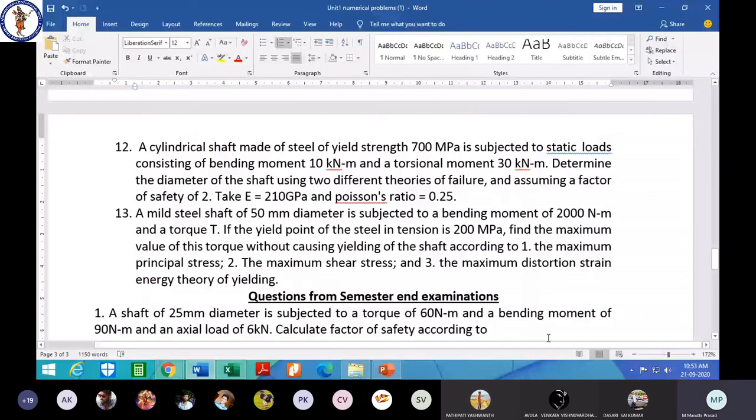As usual, same thing. First, we need to calculate the bending stress by using the bending moment equation. Then you calculate the shear stress in terms of T itself. Then you go for the remaining.